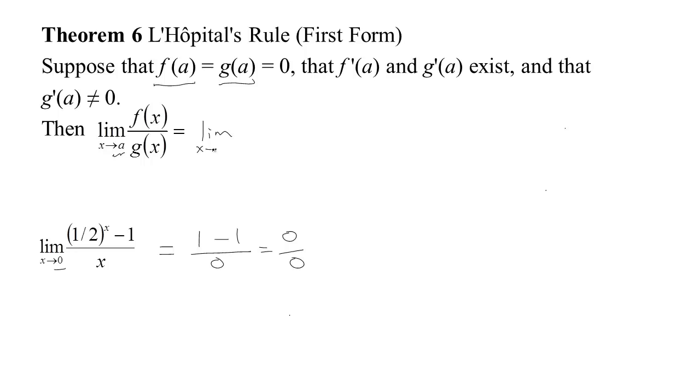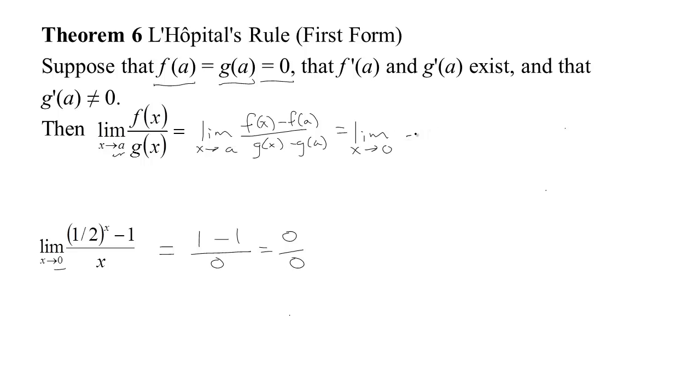First thing I'm going to do is write this limit as f of x minus f of a all over g of x minus g of a. Now the reason I can do that is because f of a and g of a are both 0. So when I write f of x minus f of a, then I'm really just subtracting 0, so it's the same thing. What I'm trying to do is to weasel a little derivative in here. So I have so far the change in f over the change in g.